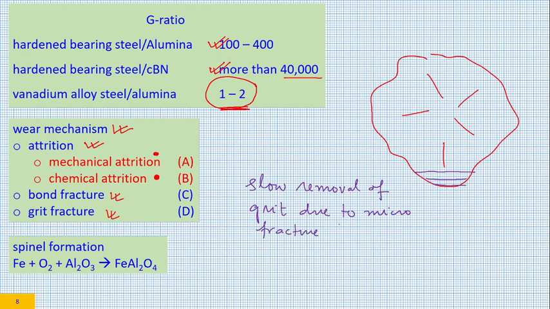So it is a slow removal, and the scale of removal is also very, very small, and because of that these wear flats would be developing.